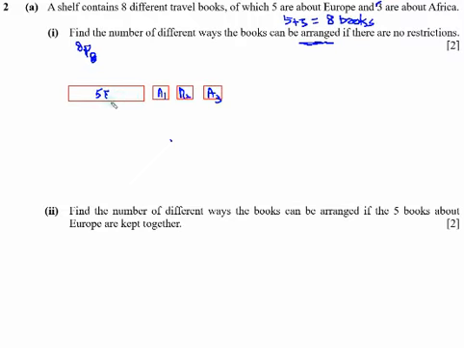Okay, how many ways can you arrange the 5 books? So basically the answer is just 5P5. Okay, so with this specific arrangement it is 5P5 times 1, since this is one specific arrangement.